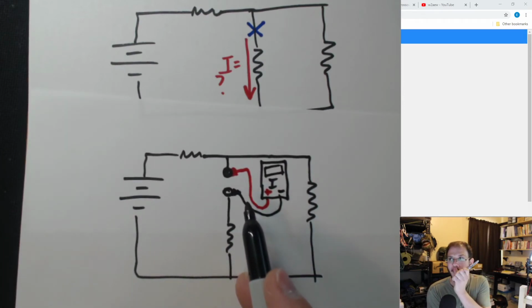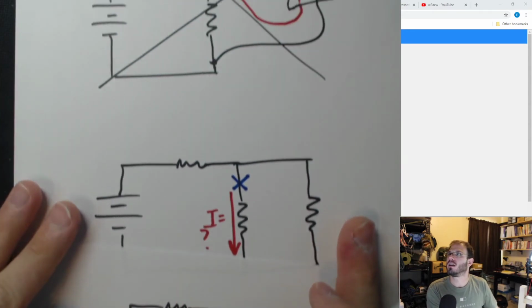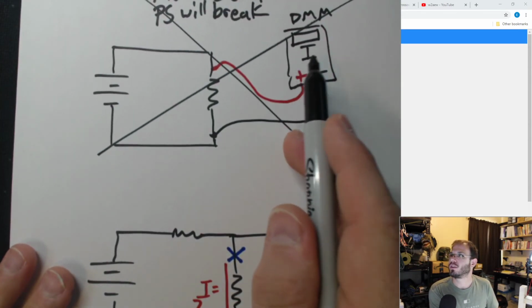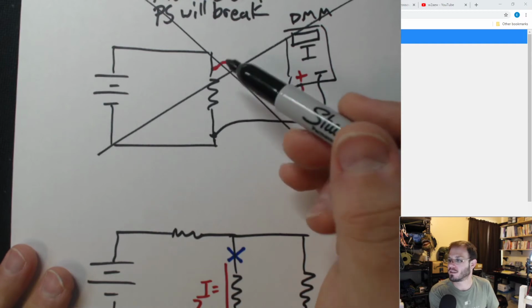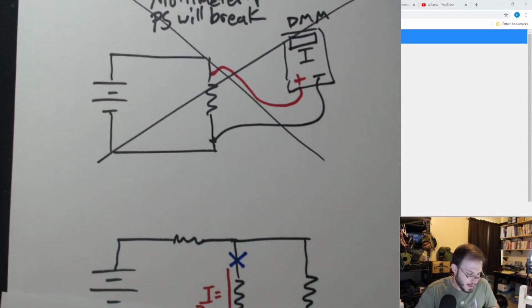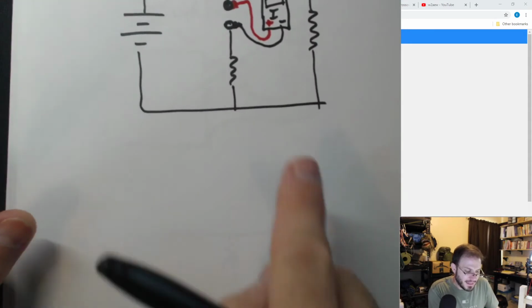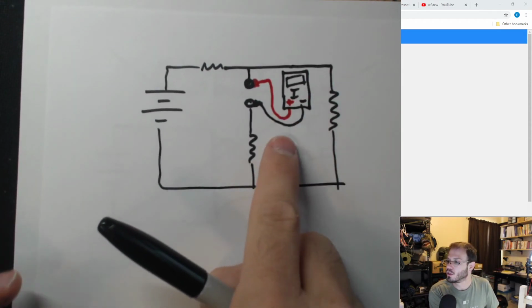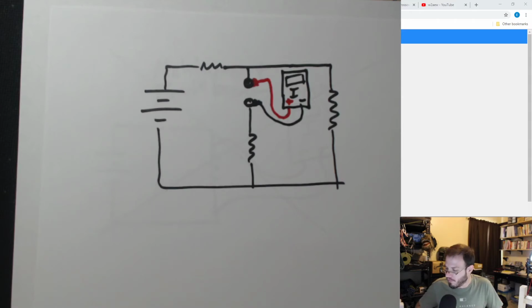Okay, so don't ever measure current across a component. Voltage is measured across. Okay, so let's go ahead and apply this to our circuit and get some values here.